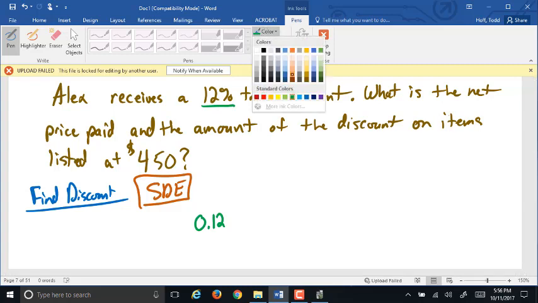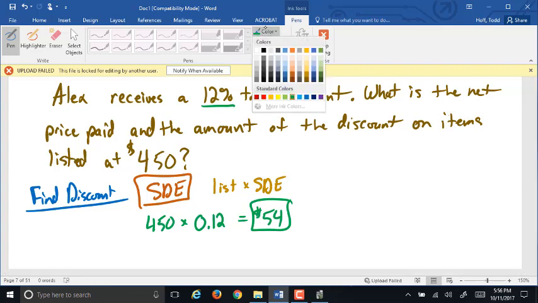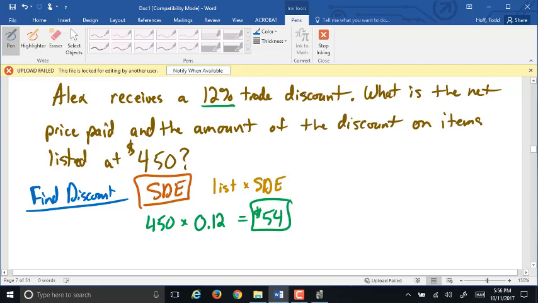And what I'm going to do is use list price times that single discount equivalent. So the list price here is 450 times 0.12 is $54. Any questions there?